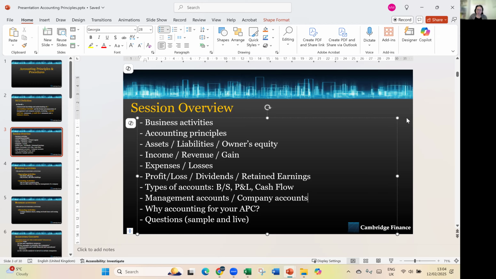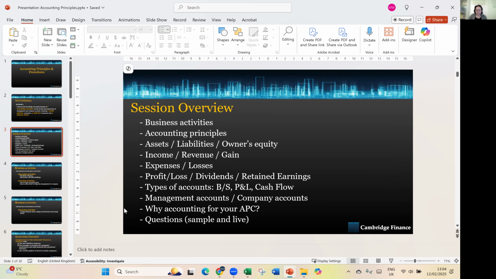And then there's also this idea of management accounts and company accounts. Normally, the management accounts will tend to look more into the profitability of the business, where the cash is being generated. Whereas with company accounts, the ones that you submit to regulators, sometimes some expenses can be deducted from your revenue, sometimes they can't.